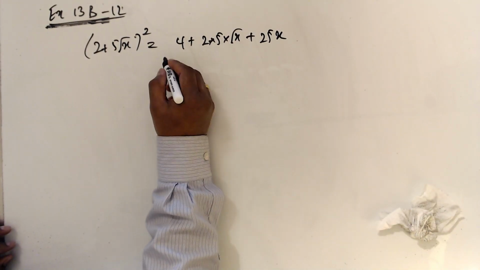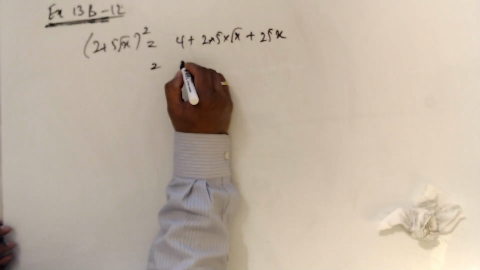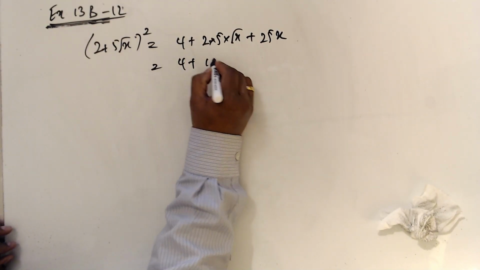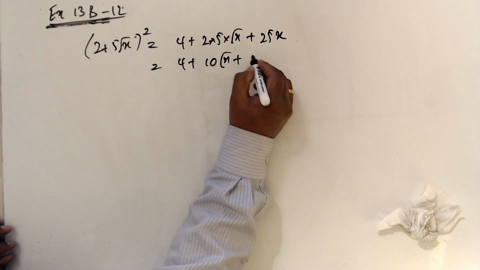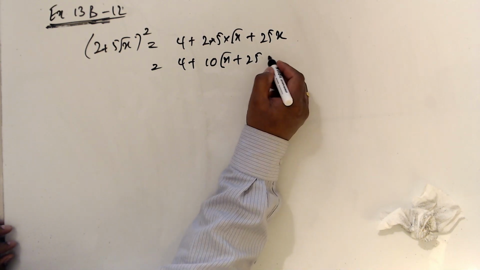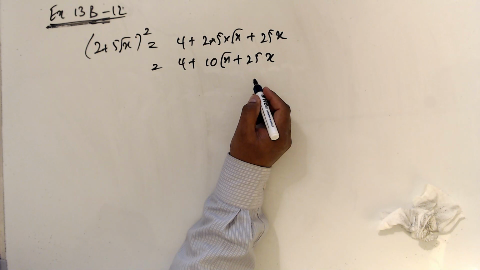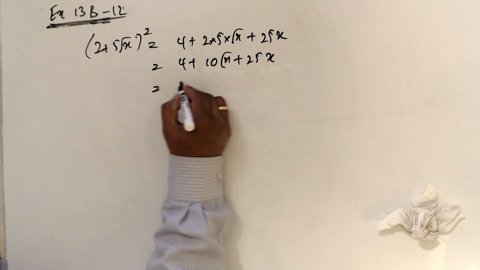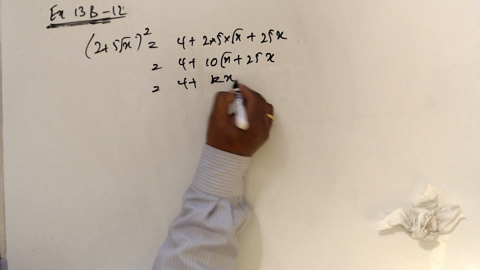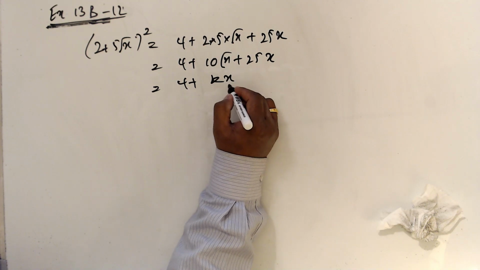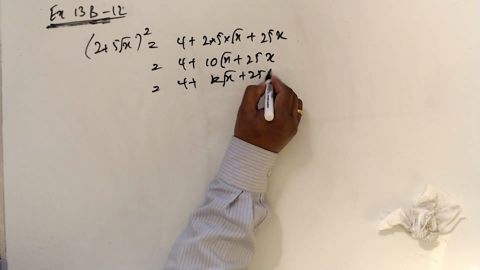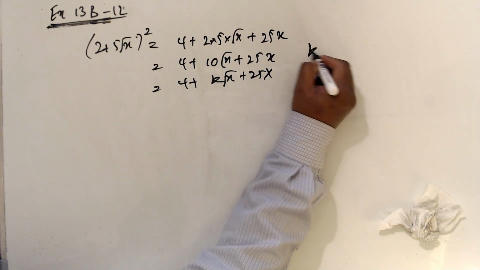And so this is equal to 4 plus 10 square root x plus 25x. This is equal to 4 plus k square root x plus 25x. So k is 10.